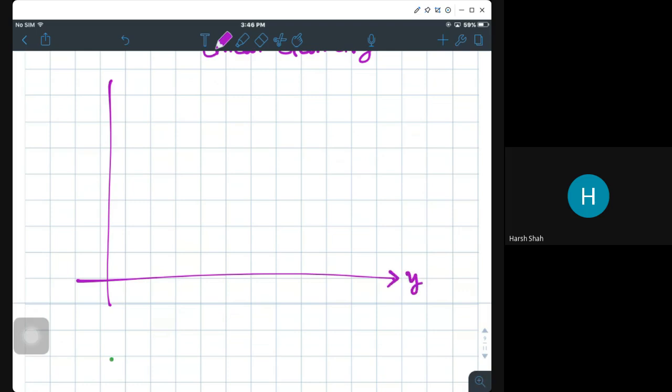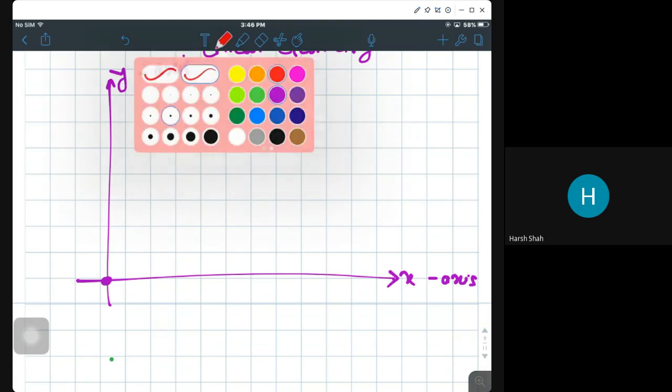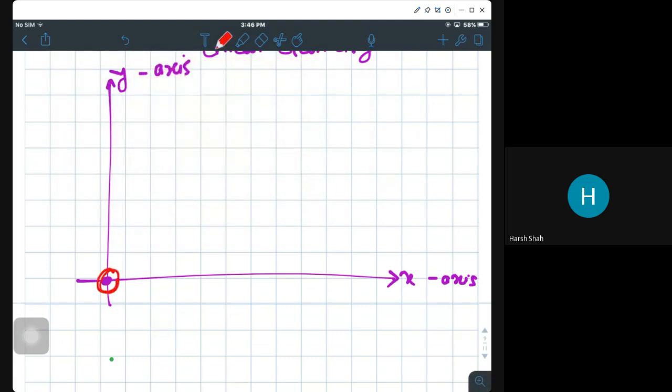This is the y-axis, this is the x-axis. Now, oh sorry, this is the y-axis, this is the x-axis. This point here is an important point known as the origin. This is 0, 0.